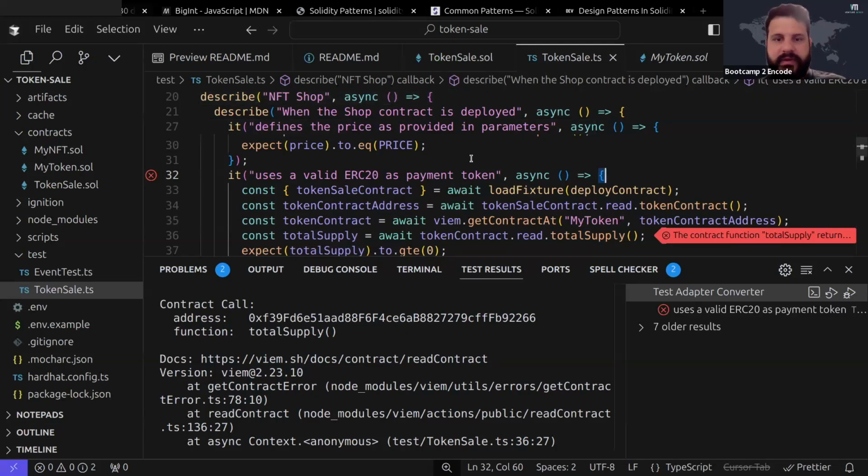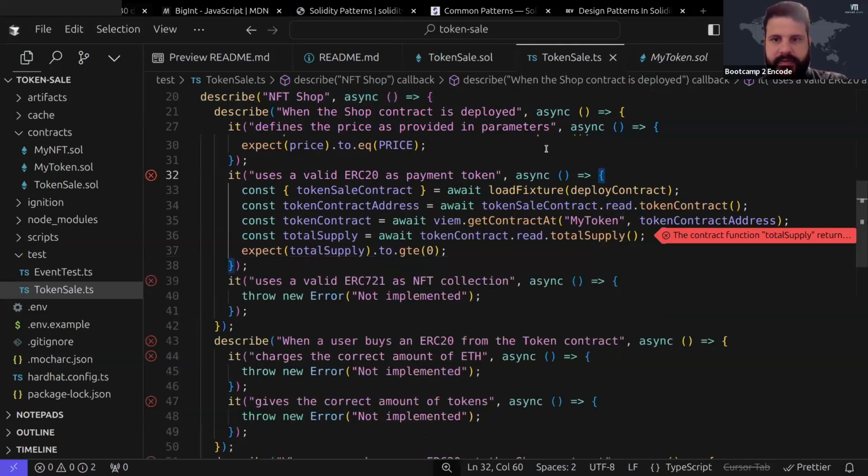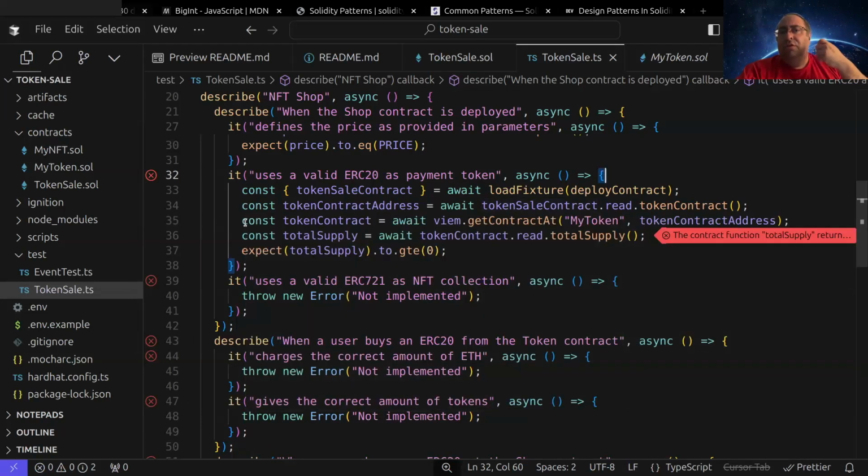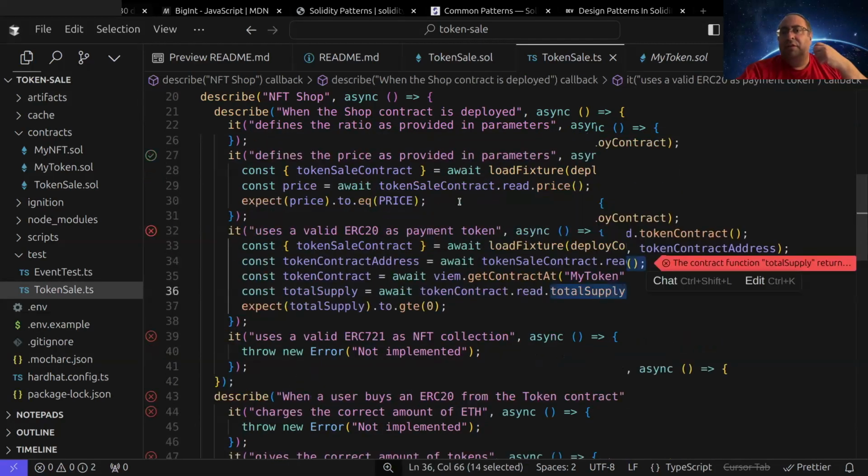Yes, Arda, you have a question? Yes. Although we inherited the ERC20 contract in our token, this token contract.read doesn't see a total supply function. Can you explain why that is?